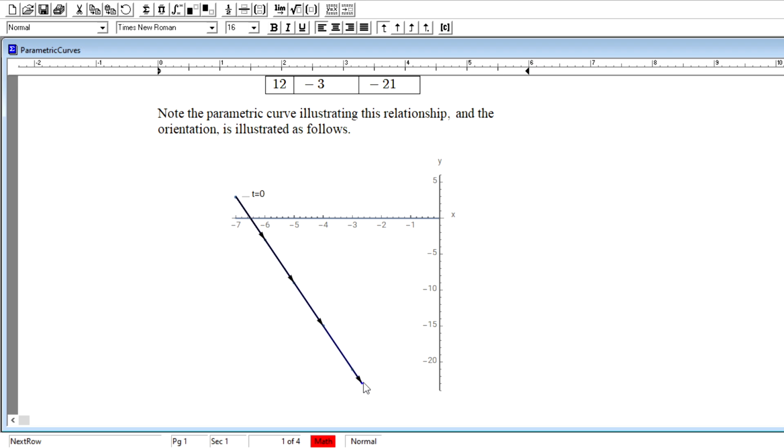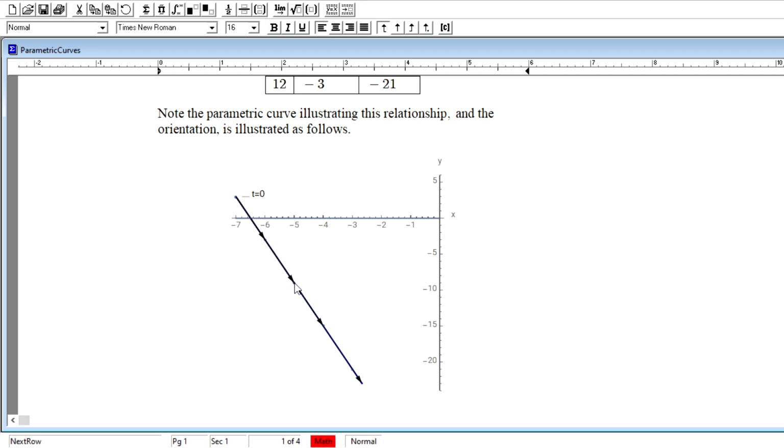It does produce this linear curve that starts at this location in space and continues off in this direction, highlighted by these arrows, indefinitely, as t starts from the value of 0 and increases along the way.